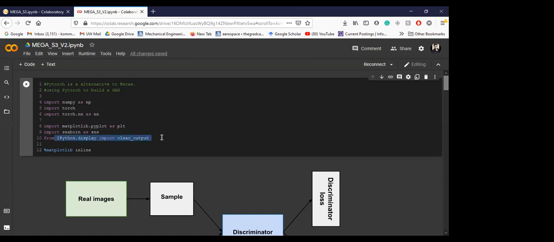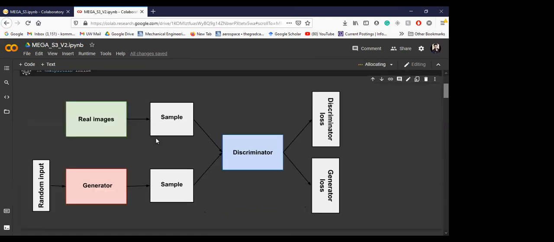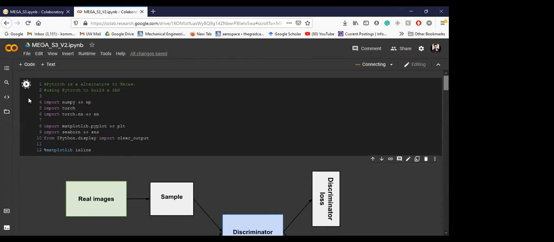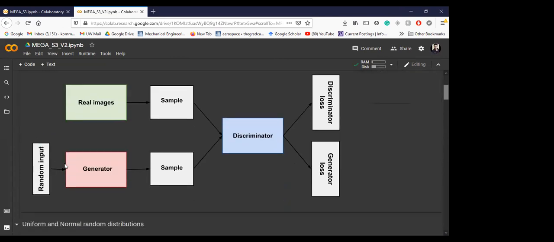I'm importing clear_output to plot dynamic plots in the IPython notebook. If you do shift plus enter, it runs this cell. This loading bar says that the cell is being run, and once it stops and gives you the number, it's done executing that cell.